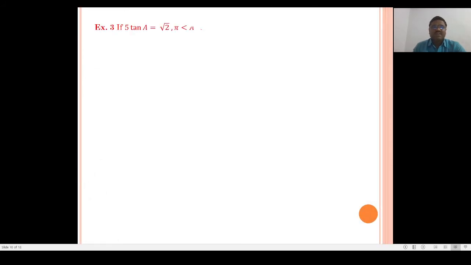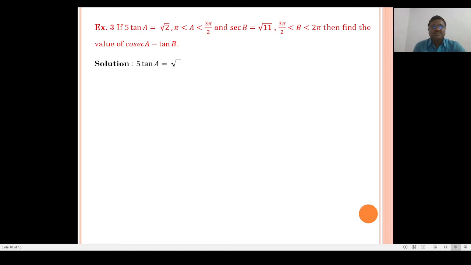See the next example. If 5 tan A equals root 2, pi less than A less than 3 pi by 2, and sec B equals root 11, 3 pi by 2 less than B less than 2 pi, then find the value of cosec A minus tan B. So 5 tan A equals root 2, therefore tan A equals root 2 upon 5 and cot A equals 5 by root 2.